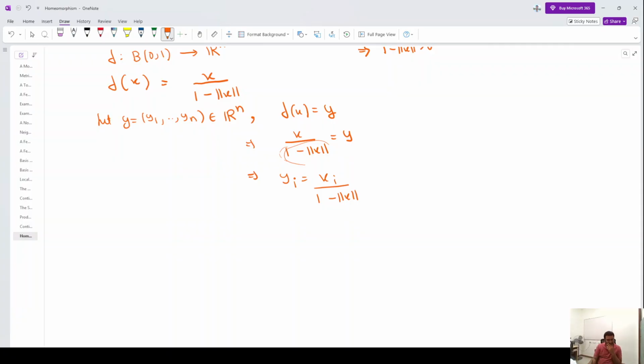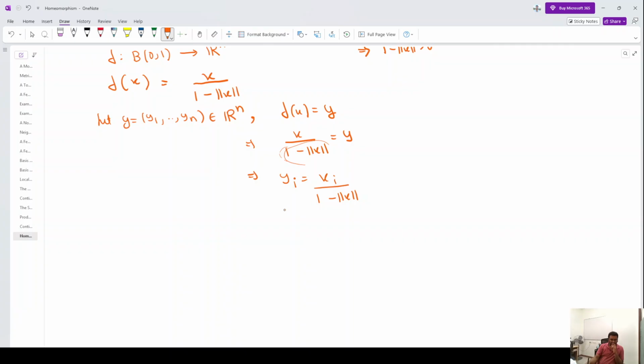Now, how do you do it in calculus? You have to find these xi's in terms of yi's, right? That's how you do it. So note one thing: this is norm x here.